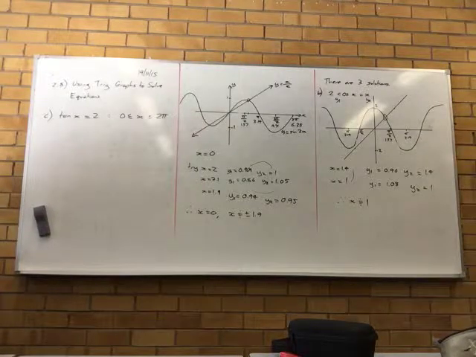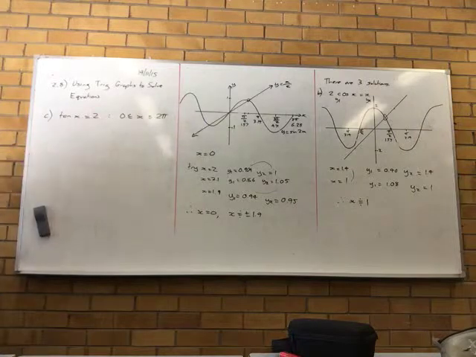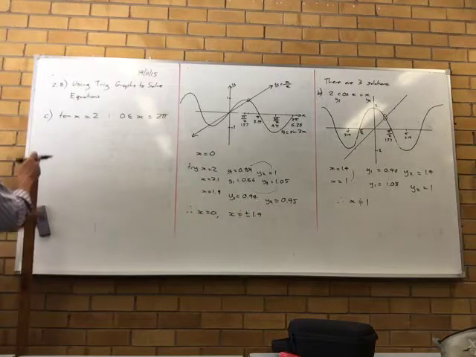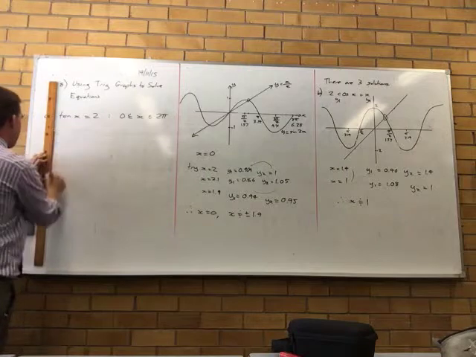This one I need one because y equals 2 is a horizontal line, and unless I have a domain, I'm going to be considering an infinite number of solutions. So we need y equals tan x in that domain and y equals 2 also in that domain. So I don't need to consider the negative x side.